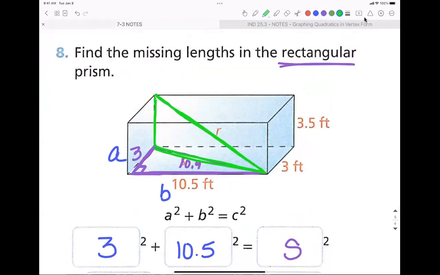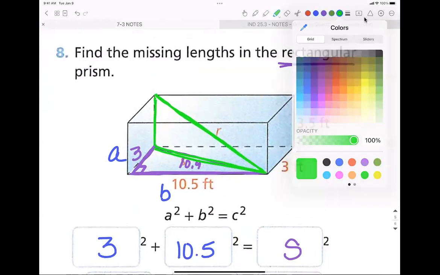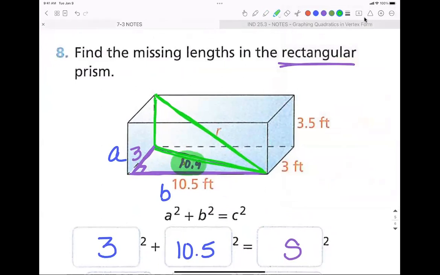And I've got them highlighted in green. Now we know that one leg length is right here because we just found it, but we need to know this one. And it's not really given to us, but it is. Where do we find it? If we need to know the height of this box, do we have it here?